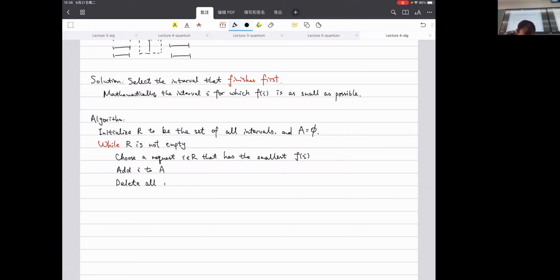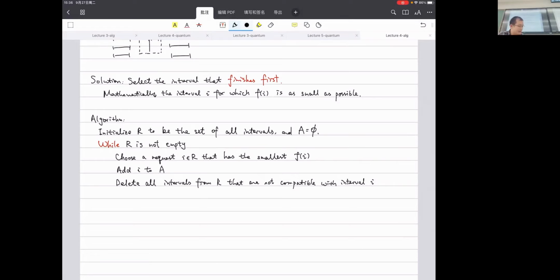So we delete all intervals from R that are not compatible with interval I. I guess this makes a lot of sense because each time you add a new interval, it suffices to check whether this interval brings a conflict with others, and you delete those that actually influence the compatibility.